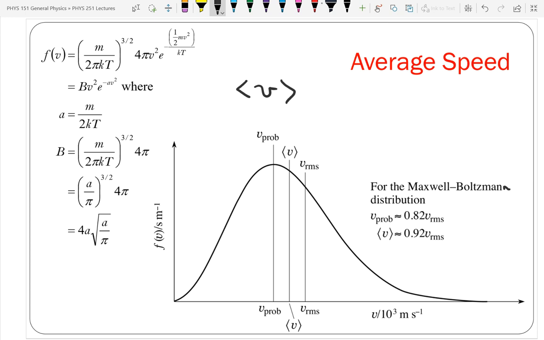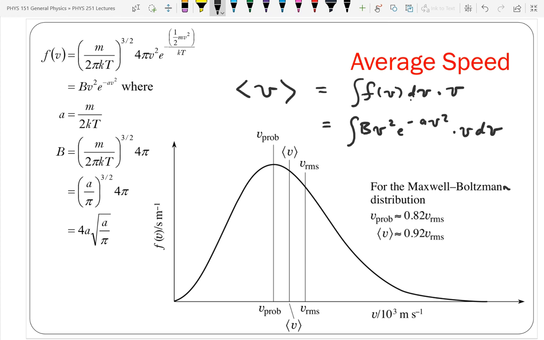So what we're going to do is say the average speed, remember those brackets mean average, and once again that comes from quantum physics notation, is equal to the integral. Now remember my probability was f of v dv. That probability multiplied by the actual value. And so I'm going to do my calculation, but now it's going to be the integral of b v squared e to the minus a v squared times v dv.